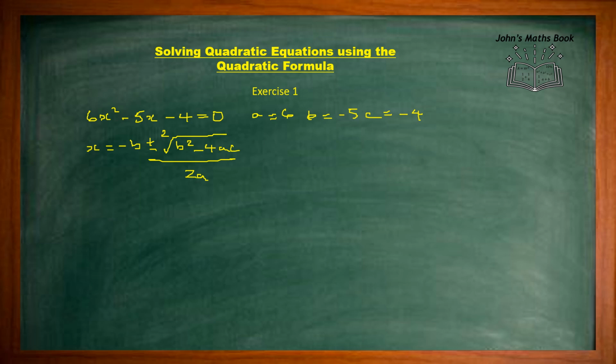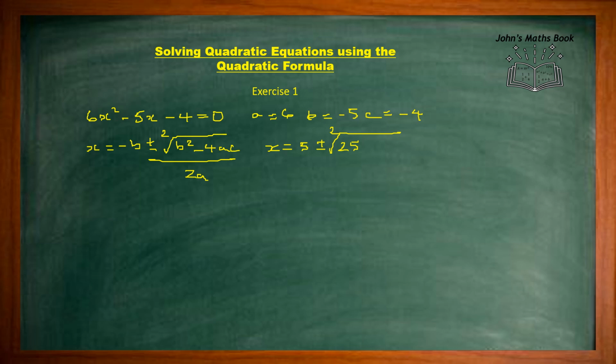So if we plug our values into this, we get x is equal to minus b, so b is minus 5, so minus b gives 5, plus or minus square root of b squared, so minus 5 squared is 25, minus 5 times minus 5.